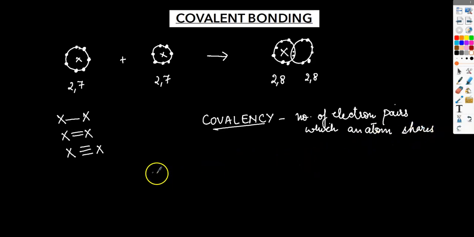Now let's see how double and triple covalent bonds are formed.